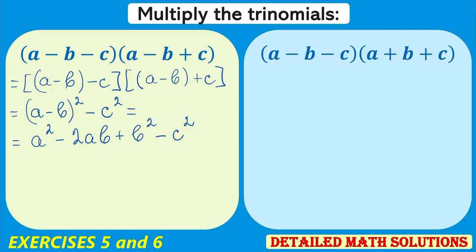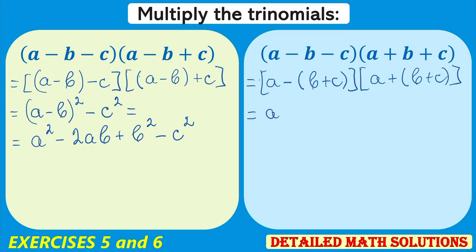Lastly, I'm going to multiply the trinomials (a − b − c) and (a + b + c). This expression equals [a − (b + c)] multiplied by [a + (b + c)].